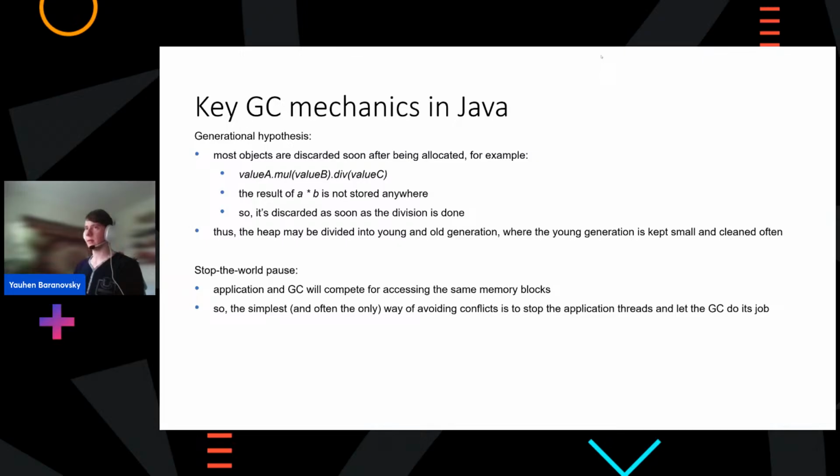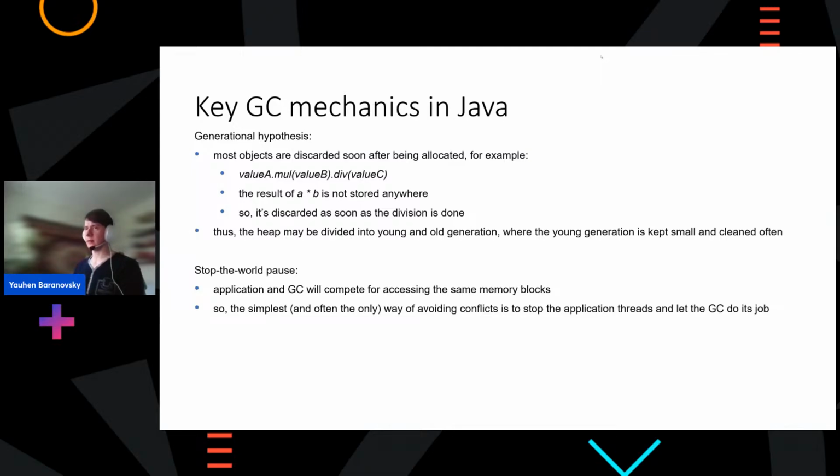So, for example, if we have some mathematical formula that performs multiple algebraic operations in a row, intermediate variables will hold data just for some moments and will be discarded, and what matters is the end result only. And this hypothesis helps a lot in terms of how the heap is structured and how garbage collectors make assumptions about when and how to clean your objects.